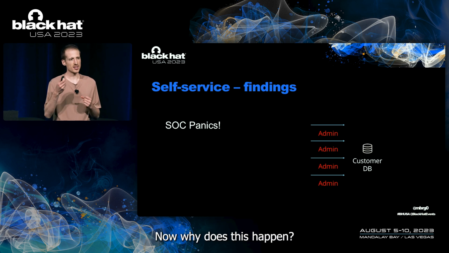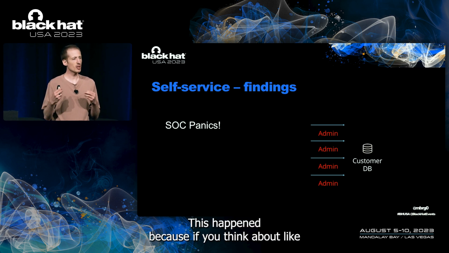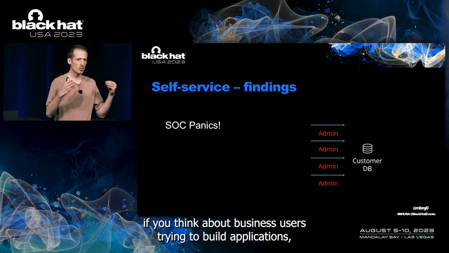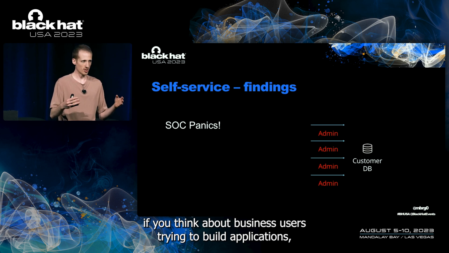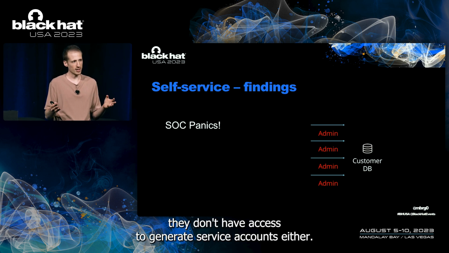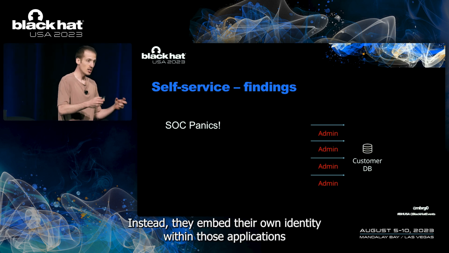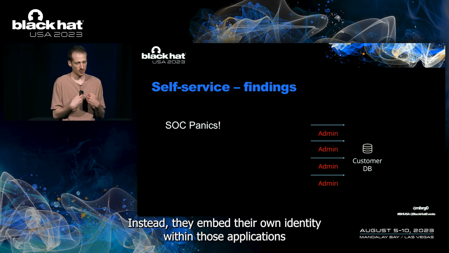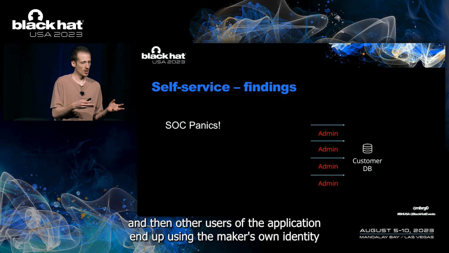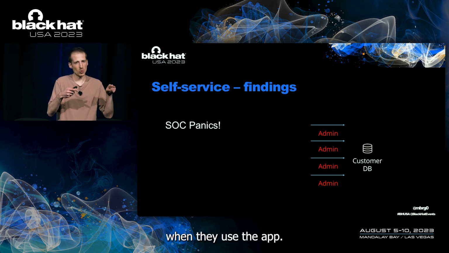Now, why does this happen? This happens because if you think about business users trying to build applications, they don't have access to generate service accounts. They can't just ask for permissions to build an app. Instead, they embed their own identity within those applications. And then other users of the application end up using the maker's own identity when they use the app.